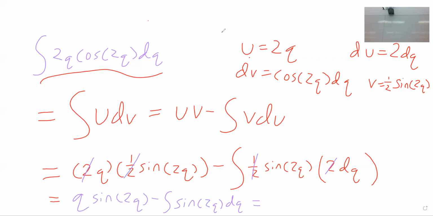And how would we go about calculating that? Well, we just convert the chain rule again. Yeah, we already did this, right? But for cosine. So q sine of 2q, okay, minus.